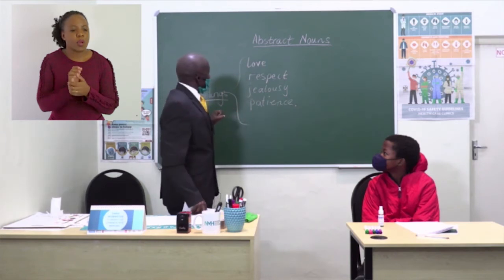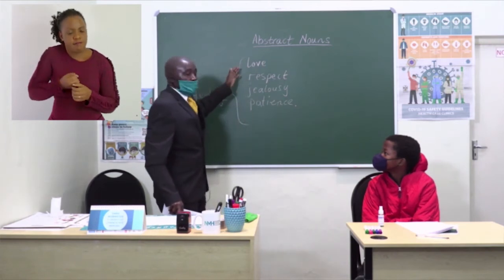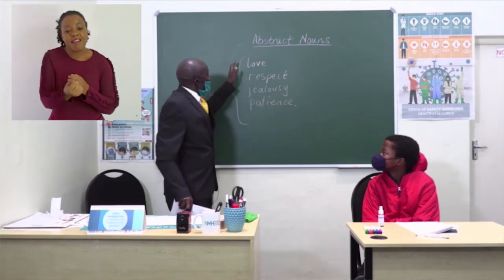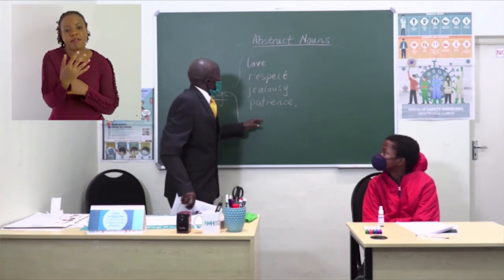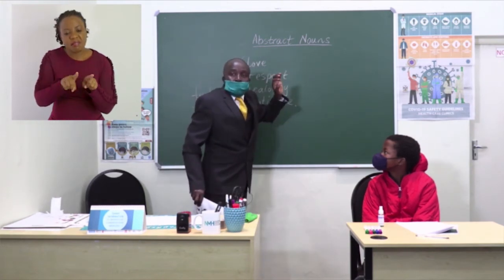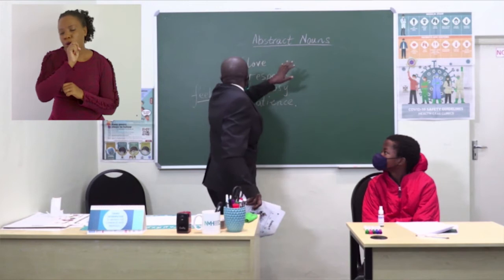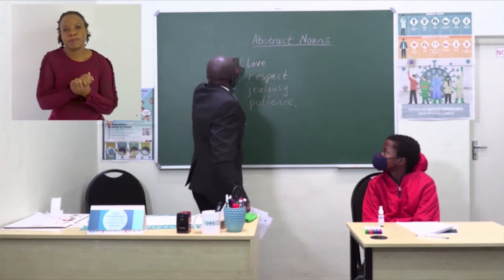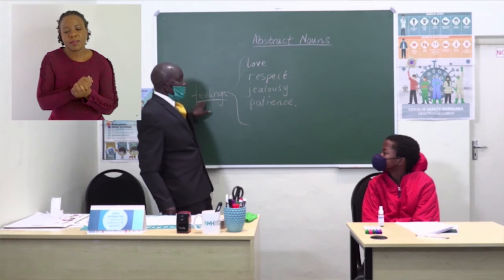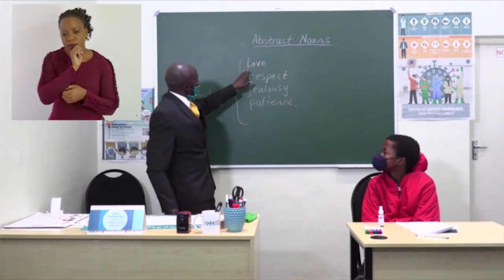So what it means is the 5 senses that we have do not have anything to do with the abstract nouns. Abstract nouns do not appeal to the 5 senses. It has something to do with feelings.